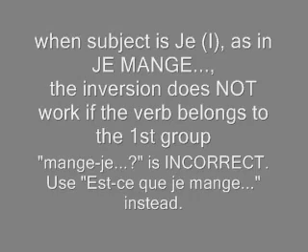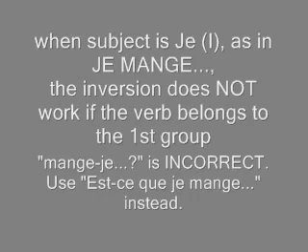If the subject is je, do not invert. It will not work. So you should not say mange-je. Again, it's all about the sound. It will sound really bad. So instead you should say est-ce que je mange une banane? Okay?